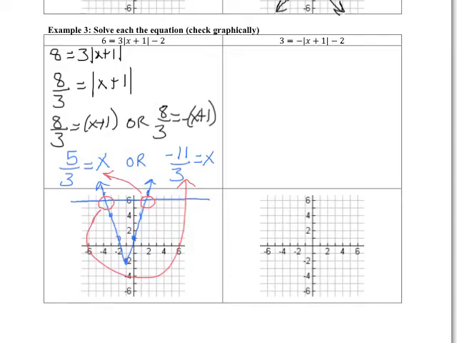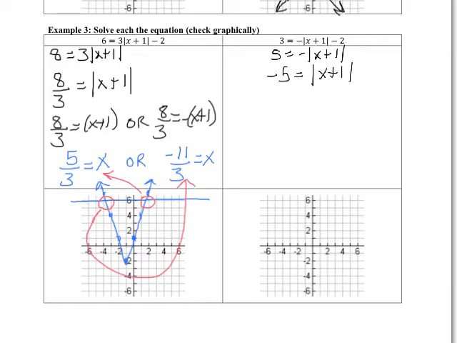Moving over to the second example, what we want to do is isolate the absolute value first. So I'm going to add 2 to both sides. I'll get 5 is equal to the negative absolute value of x plus 1. And then I'm going to move the negative across, and I get -5 is equal to the absolute value of x plus 1.